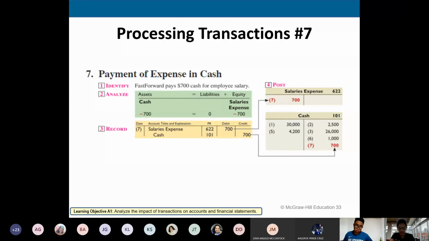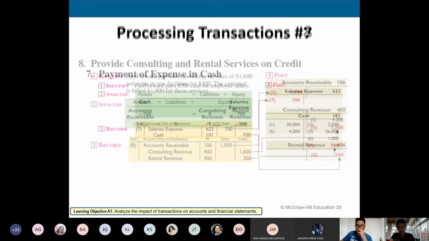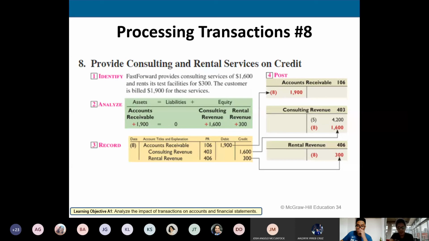Yes, no? Tama? May effect ba to sa equity natin? What actually is the effect? Mababawasan. For every incurrence of an expense, mababawasan ang equity natin. Okay? For every revenue na ma-earn natin or income na ma-earn natin, madadagdagan ang equity natin.